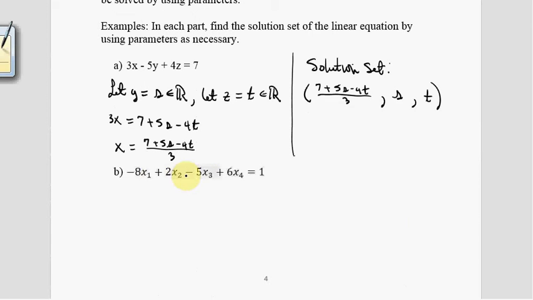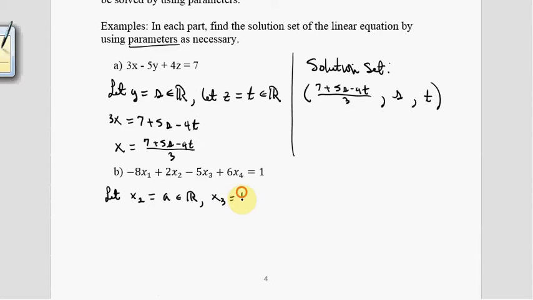So the same idea here, part B, you have 4 unknowns, 1 equation. So that means that 3 of these variables would have to be floating parameters. So let x2 equal to, let's say, a. A is any real number.